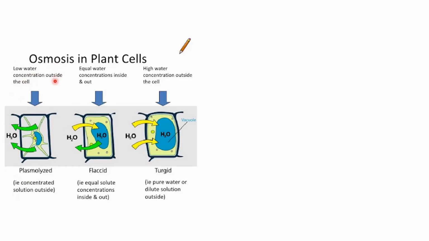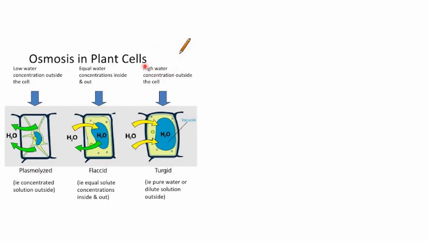So it will release all its water molecules outside, and this condition is called plasmolysis. That means because of this release, the cell is going to lose its shape. It is going to become flaccid, or it's going to change its state.